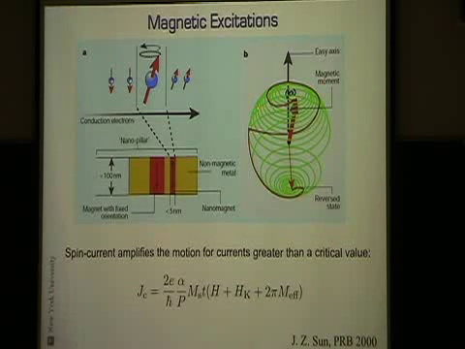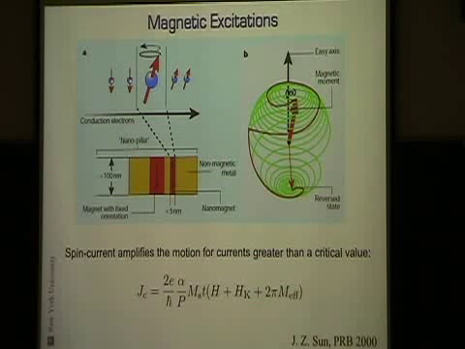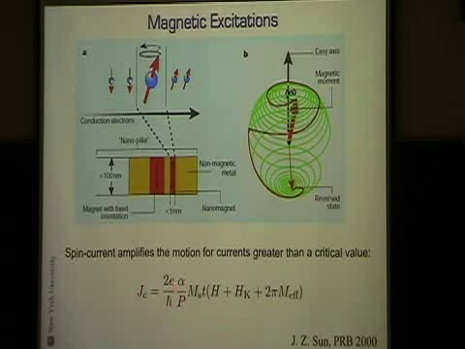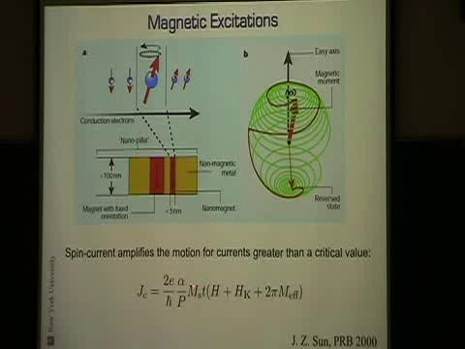If the current exceeds the threshold just barely, the magnetization will spiral outward and eventually will reverse, going from the North Pole to the South Pole. And if the current is significantly greater than the critical value, this will happen much faster, in a few precessional cycles rather than in hundreds. So there's a critical value of the current, which depends on alpha and on the polarization. So this has some of the characteristics you might expect.